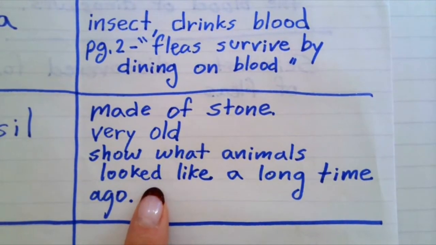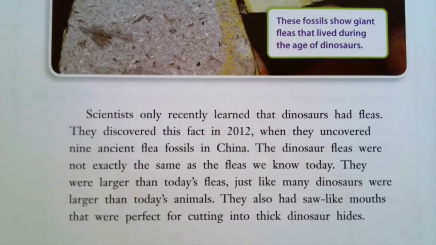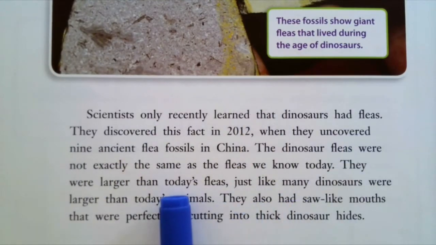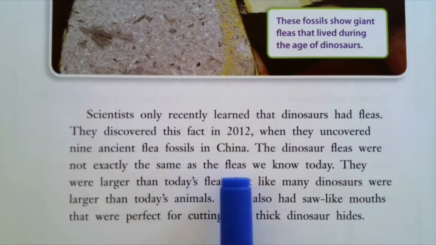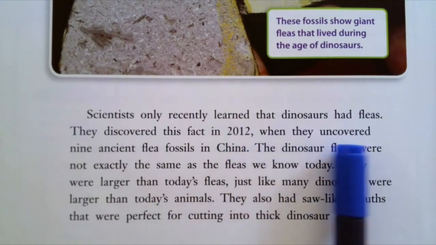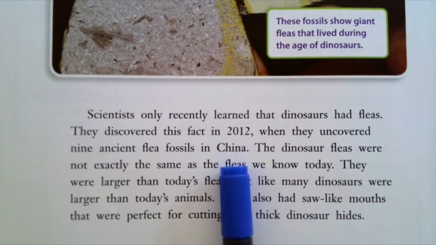We don't have that information, so we need to check our text for evidence. Using the keyword fossils, we go back to the text that has that keyword in it to get that information. They discovered this fact in 2012 when they uncovered 9 ancient flea fossils in China. So we see a when and a where.